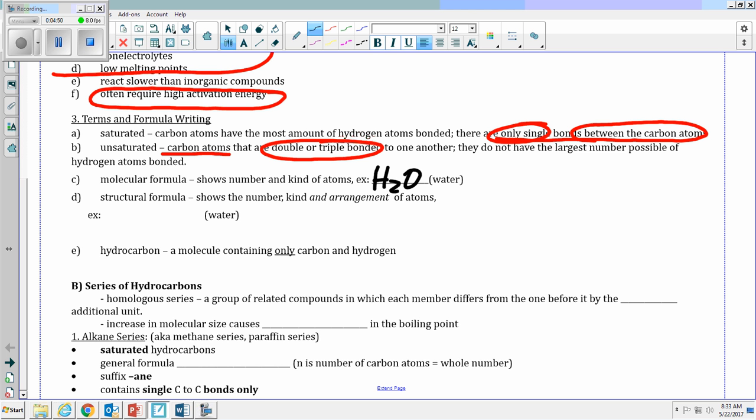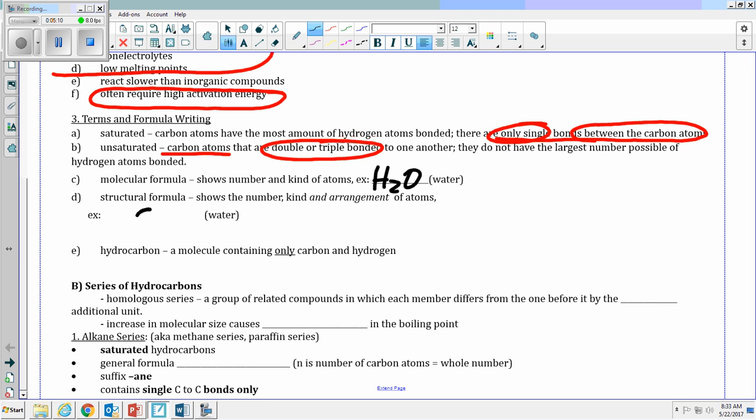But if you are to show more information and show the actual arrangement of these atoms, then you're providing a structural formula, which is a little bit like a Lewis diagram with the lines, but we're not showing any non-bonding electron pairs.